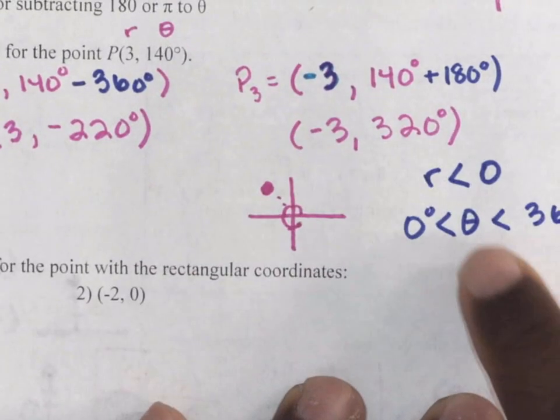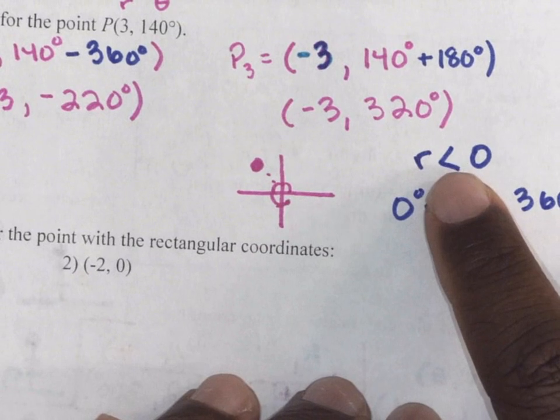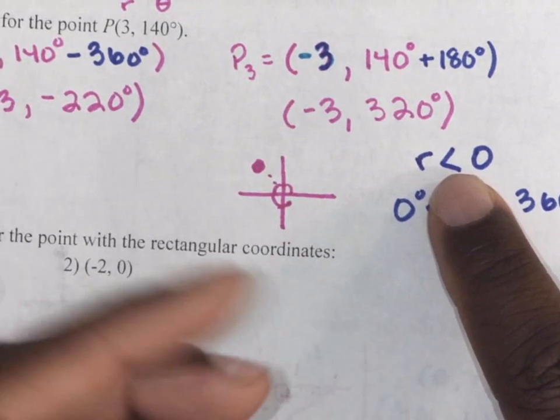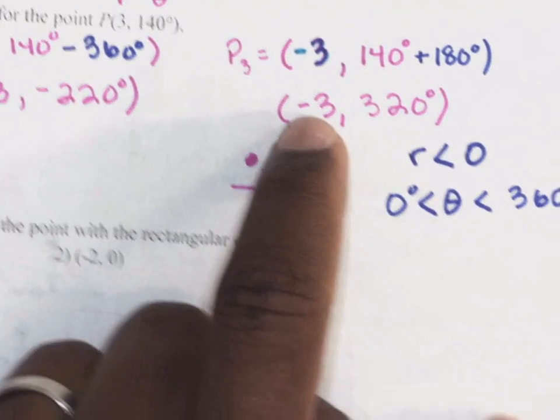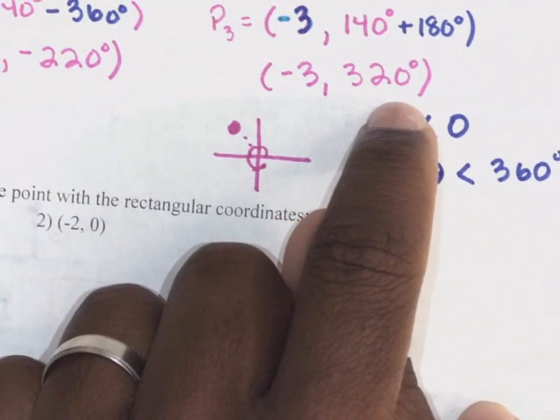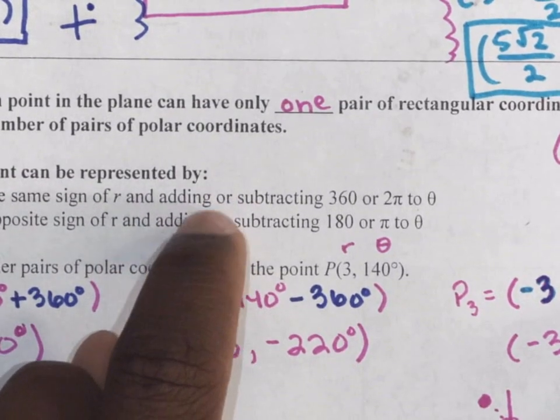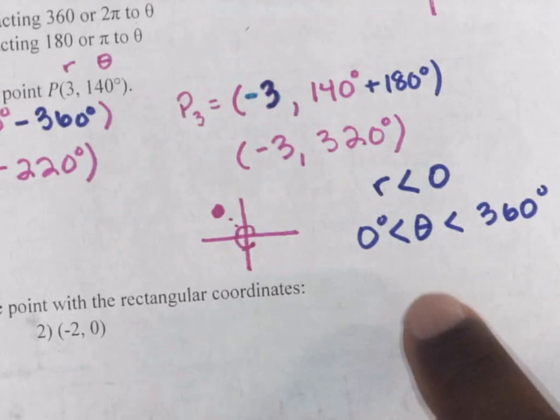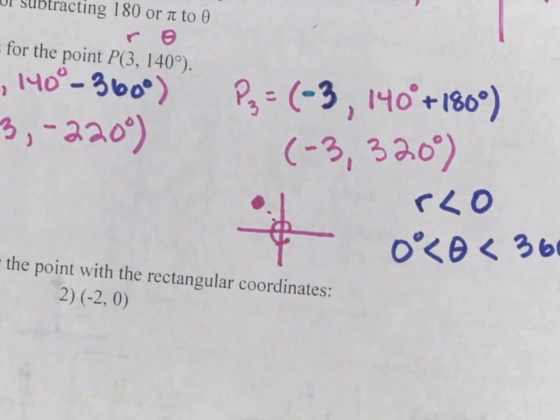So then you say, what kind of numbers are less than 0? Negative. So this needs to be negative, and this angle needs to be 320. So you would choose which one of these you wanted to do to meet this criteria, and that's the angle you would choose.